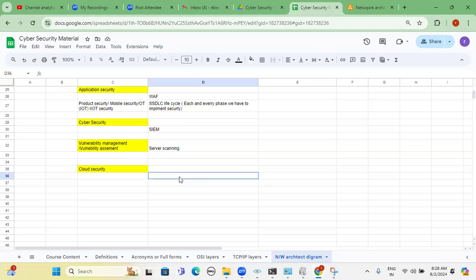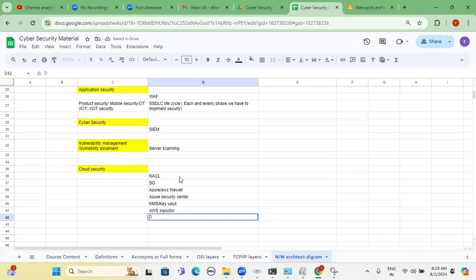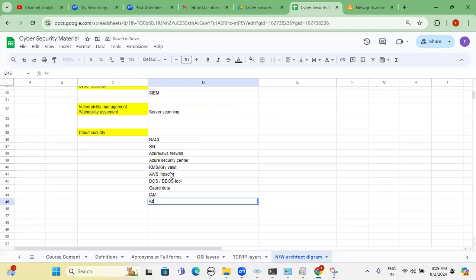That is the cloud part. For example, I will give a mixture of both Azure and Amazon Web Services: NACL, security groups, Azure or AWS firewall, Azure Security Center, KMS or Key Vault, AWS Inspector, DoS and DDoS tools, GuardDuty, identity and access management, Azure Sentinel.